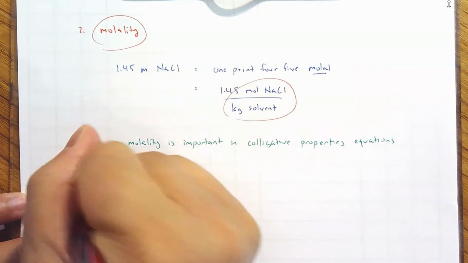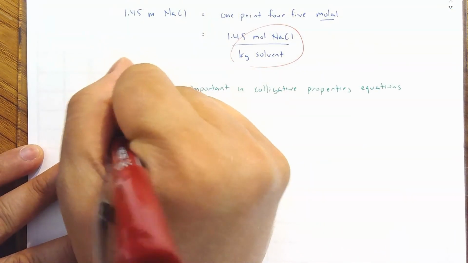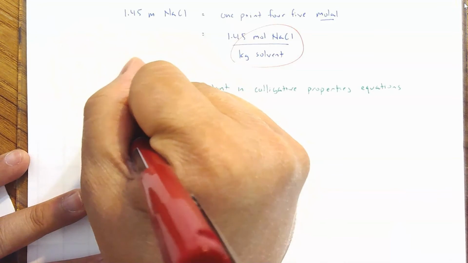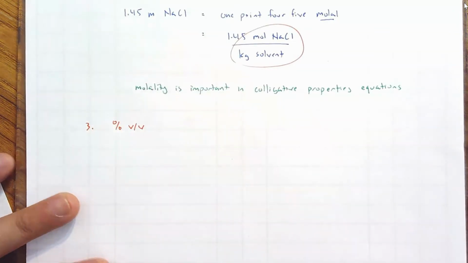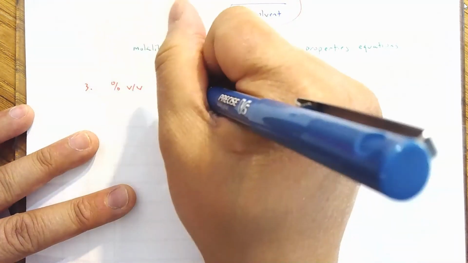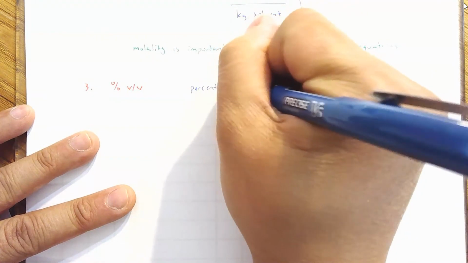Number 3. This is fairly self-explanatory, I hope, but you may see something that looks like that. Percent V to V. This is percent volume to volume.